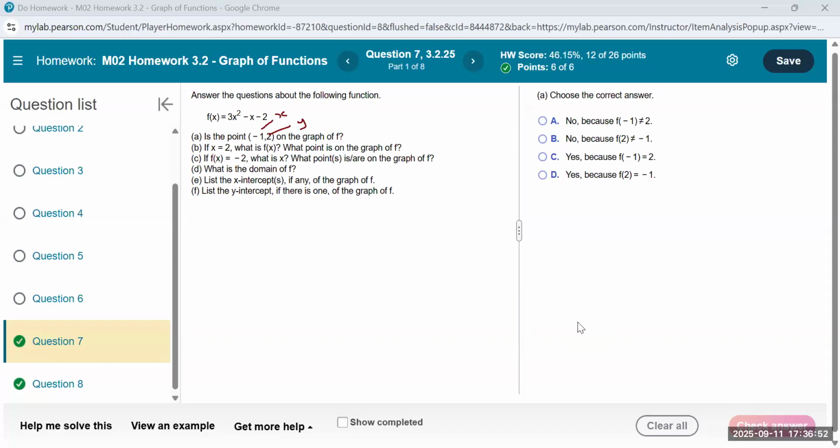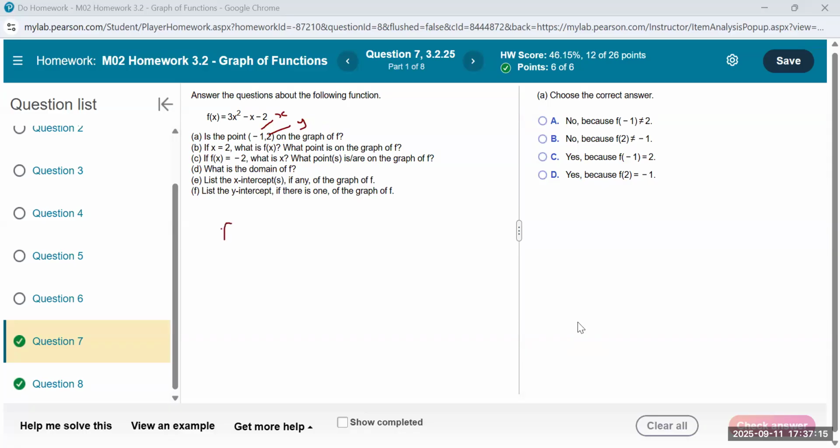So if you plug in -1 for x in the given function, if this point is truly on the graph of f, then we should have an output of what, 2. If we are getting something different, then that means that point is not on the graph of f. So let's find out.